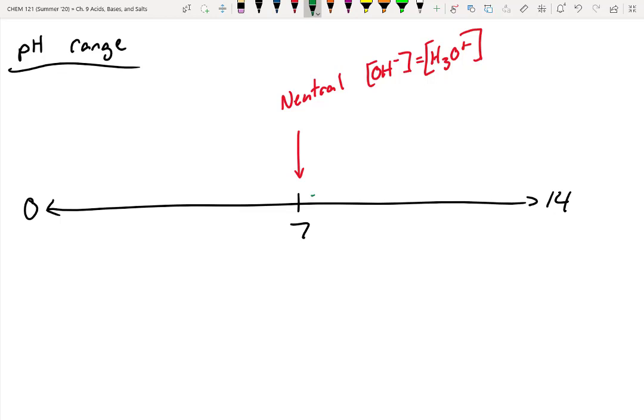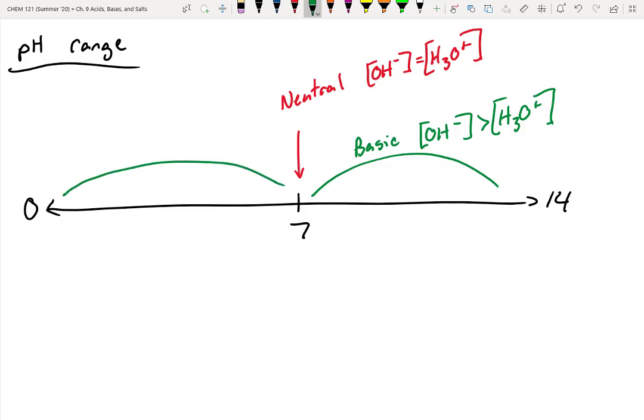And then on this side, from 7 to 14, this is going to be basic. And if you remember, basic means we've got more hydroxide than we do hydronium. And then over on the other side, as you can probably guess, this is going to be acidic.